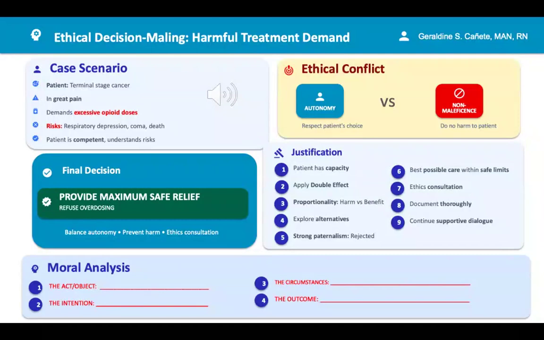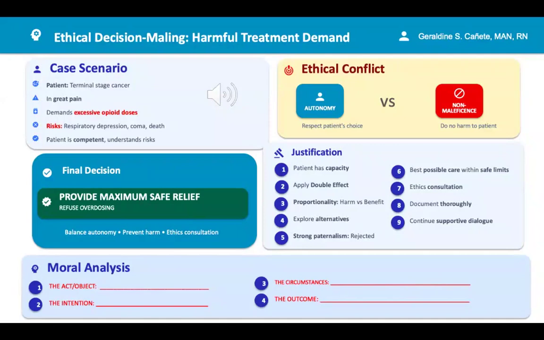Because obviously we have a conflict between autonomy and non-maleficence. We want to respect the patient's right to make their own decisions about their medical care. But we also have a duty to do no harm and to protect them from the potentially deadly consequences of an opioid overdose. So, how do we navigate this difficult situation?